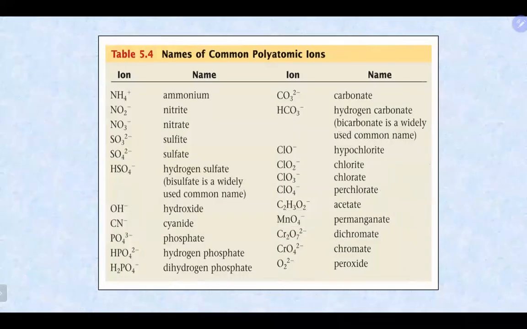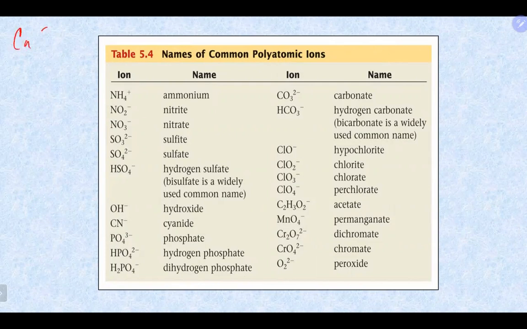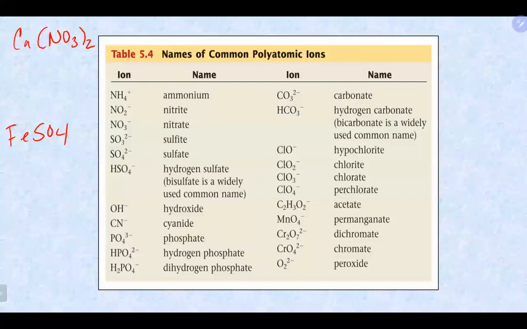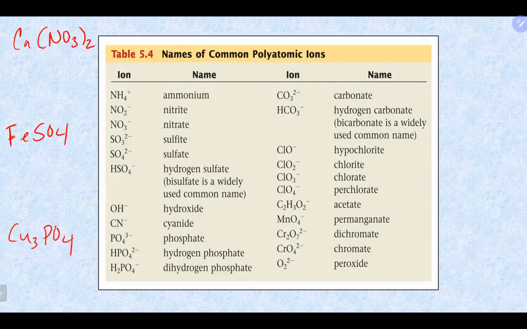All right, so why don't we try some here? We'll leave the chart up here. Let's try some names, and then we'll try some formulas. So let's do Ca(NO3)2. What's the name of that one? Let's do FeSO4. Let's do Cu3PO4.